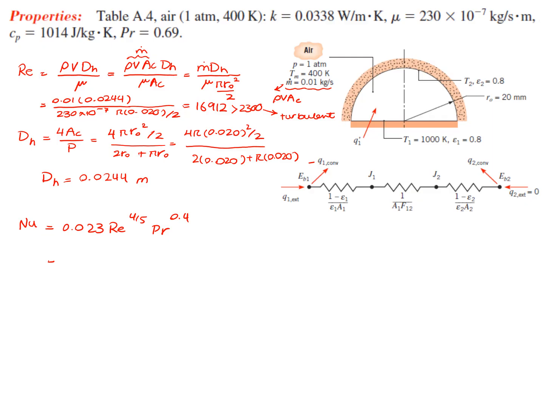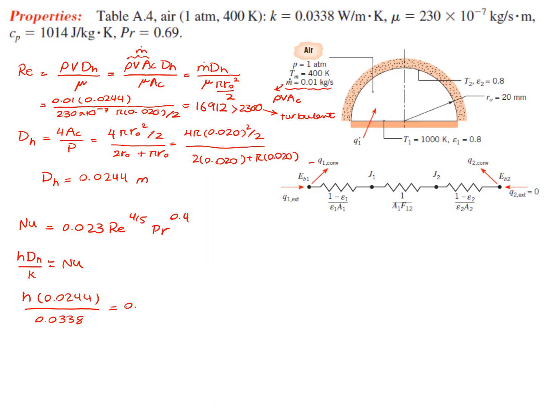And by the way, Nusselt's number was your h dH divided by your k. So I'm going to substitute h. I'm going to put my dH as 0.0244. I divide by the conductivity of the air, which I should have picked up from the table, 0.0338.